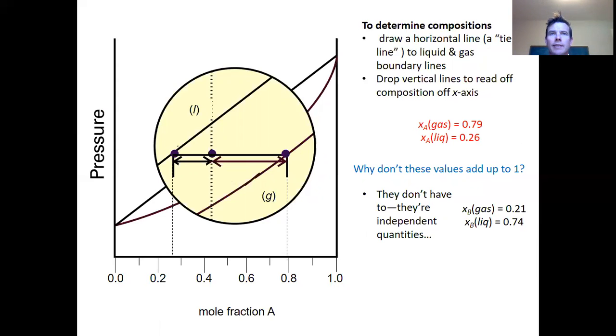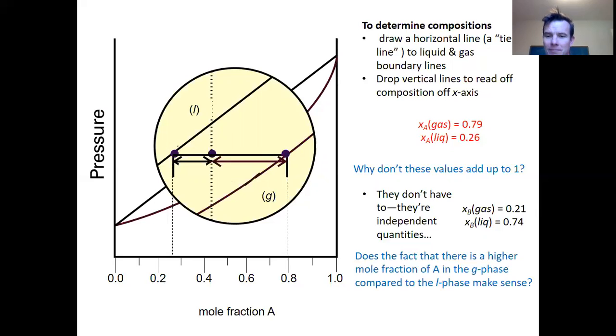There's nothing that says the amount of A in the liquid and the amount of A in the gas have to add up to 1. So they don't have to, they're independent quantities. If I know that there is 0.79 A in the gas phase, I can reason that there's 0.21 of B in the gas phase. But again, that's unrelated to the amount that's in the liquid phase.